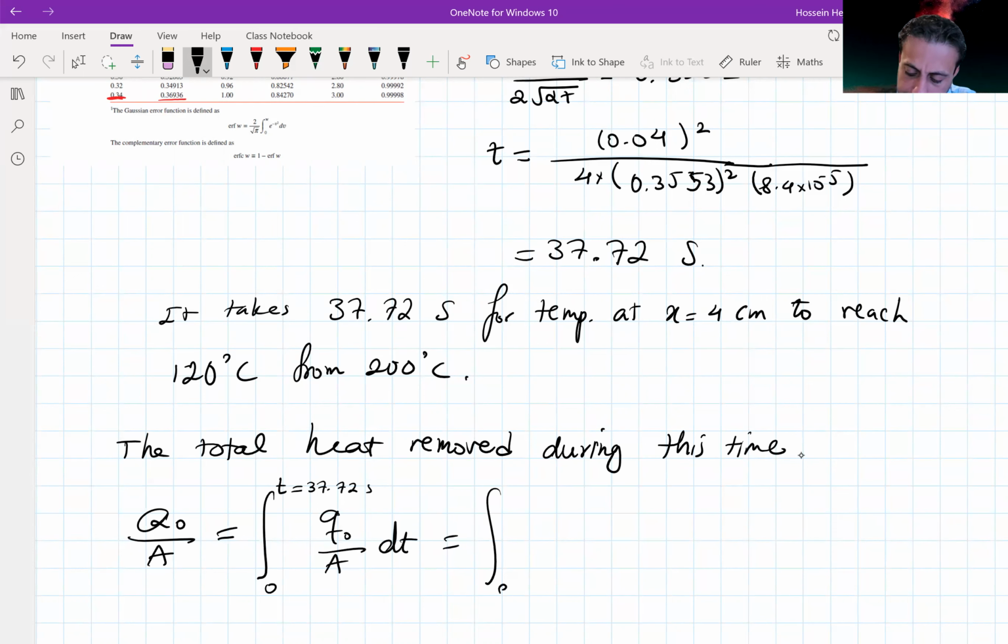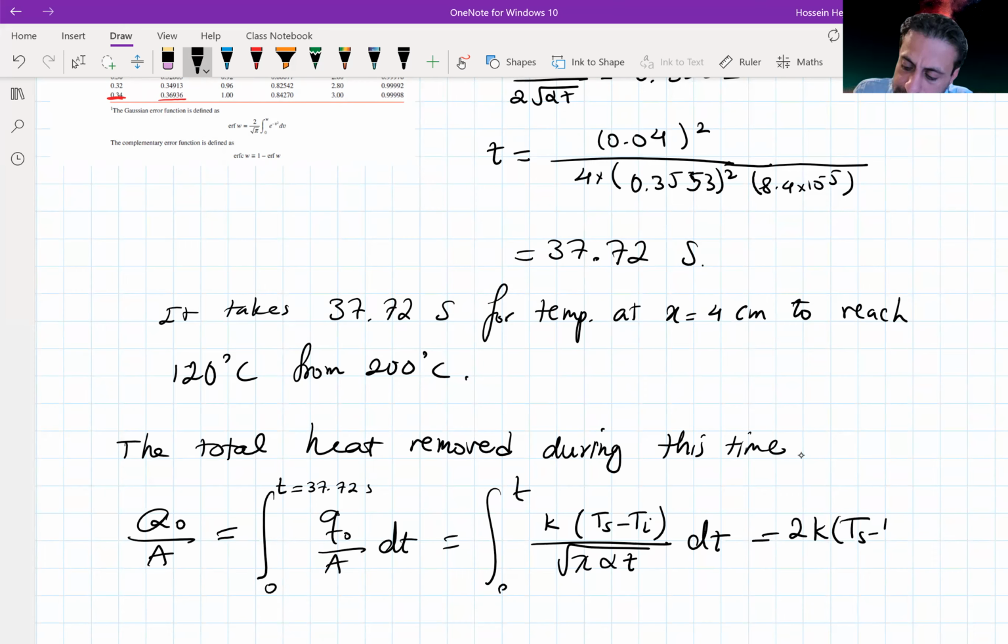We know the flux for a semi-infinite solid that has a constant temperature at the surface is going to be k (Ts minus Ti) divided by square root of pi alpha t. If you take the integral, you're going to get 2k (Ts minus Ti) times square root of t over pi alpha.